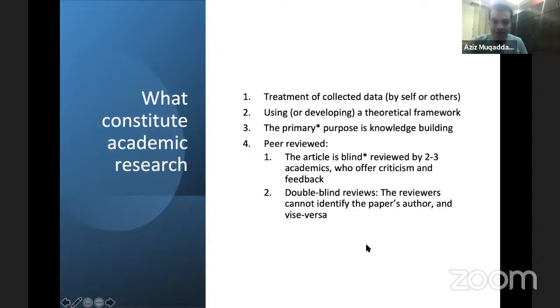Another thing that makes academic research very unique is the peer review. Peer review in academia is review by peers, it's in the name. But the way we do it is a double blind review. When I submit an article to a journal, the editor will take that article without any attachment to my name.